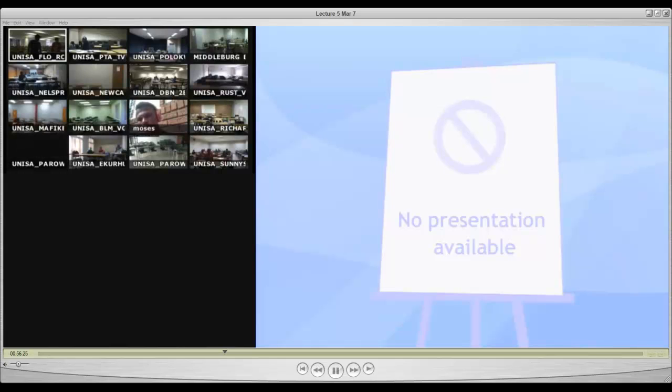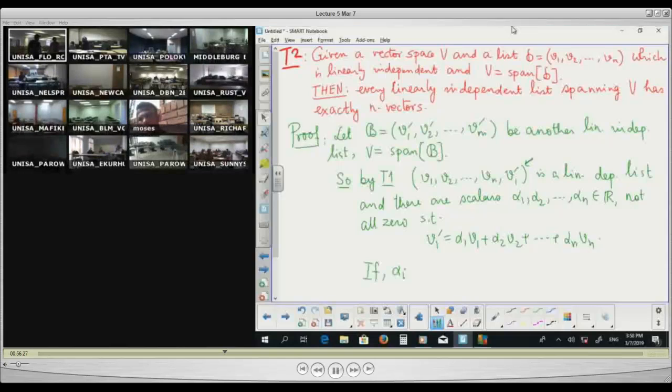So this is where I am now. Since one of them is non-zero, let's say alpha i is non-zero.